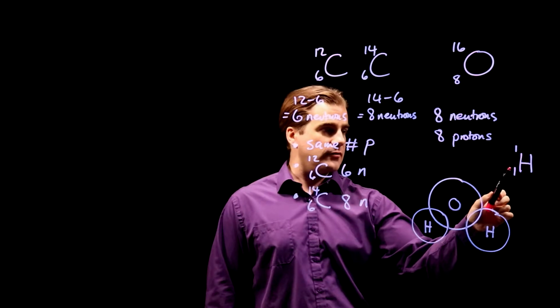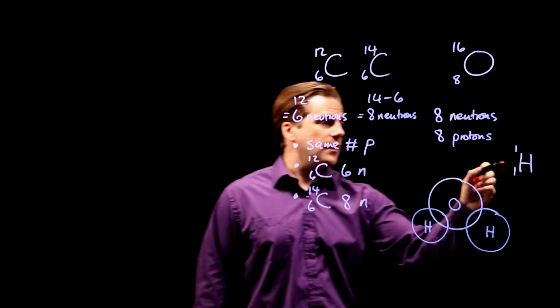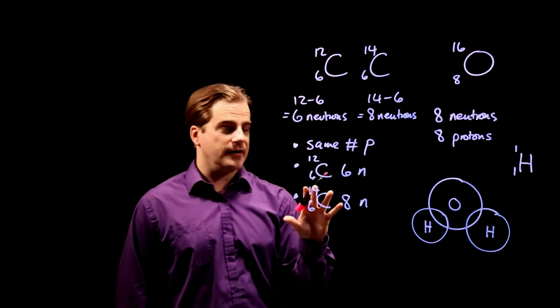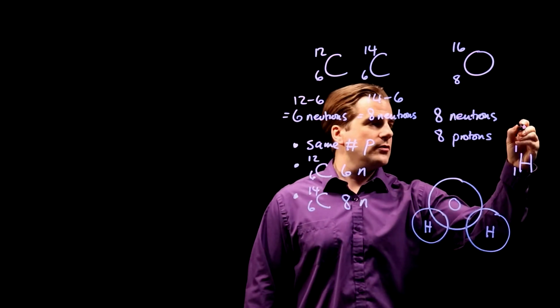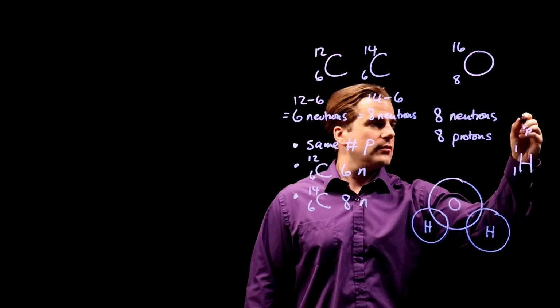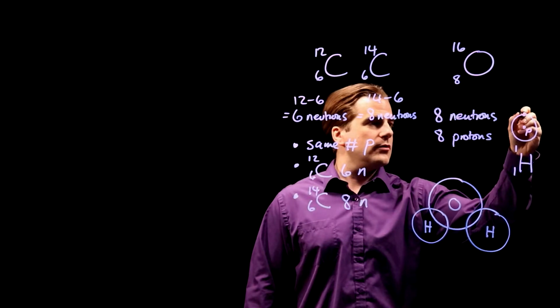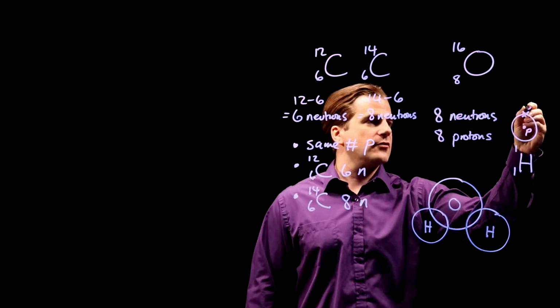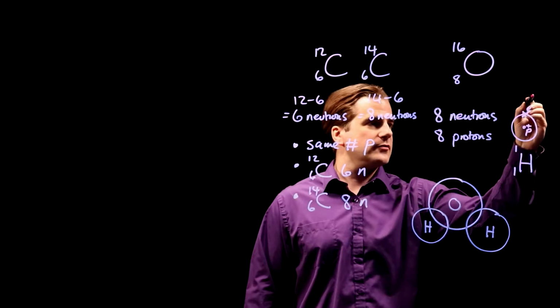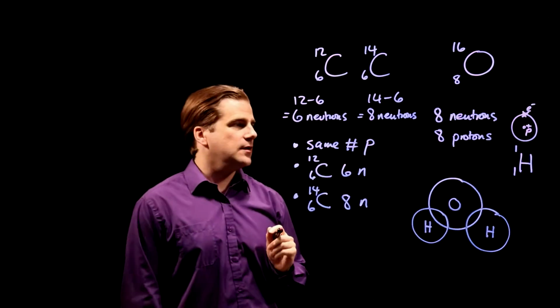So it's got 1 minus 1, so it's got 0 neutrons. A hydrogen atom by itself is just 1 proton with, let's do it as a cross, 1 electron. Proton has a positive charge, electron has a negative charge.